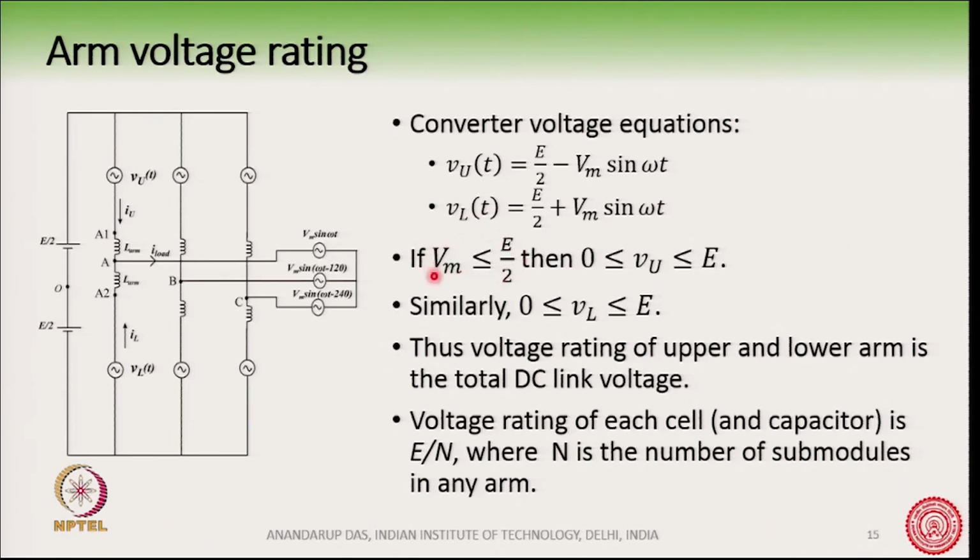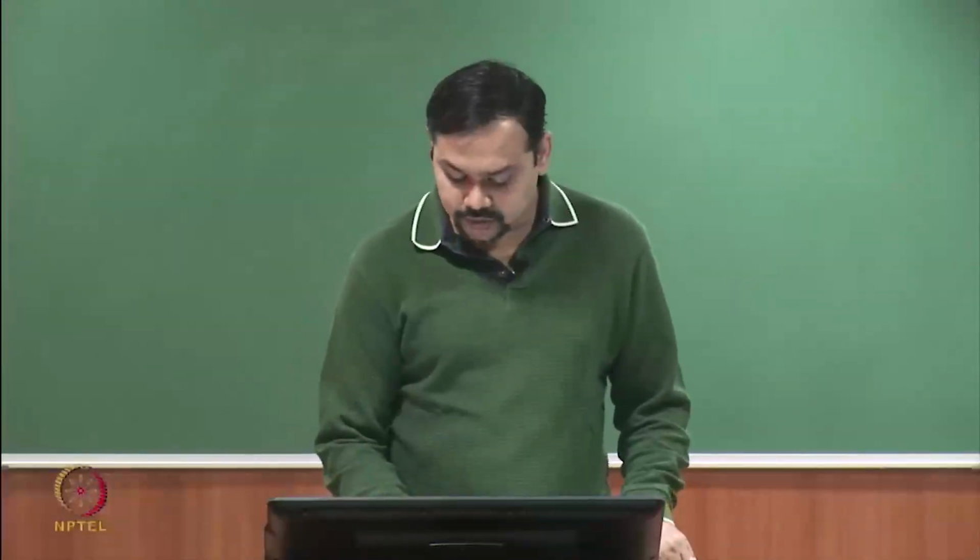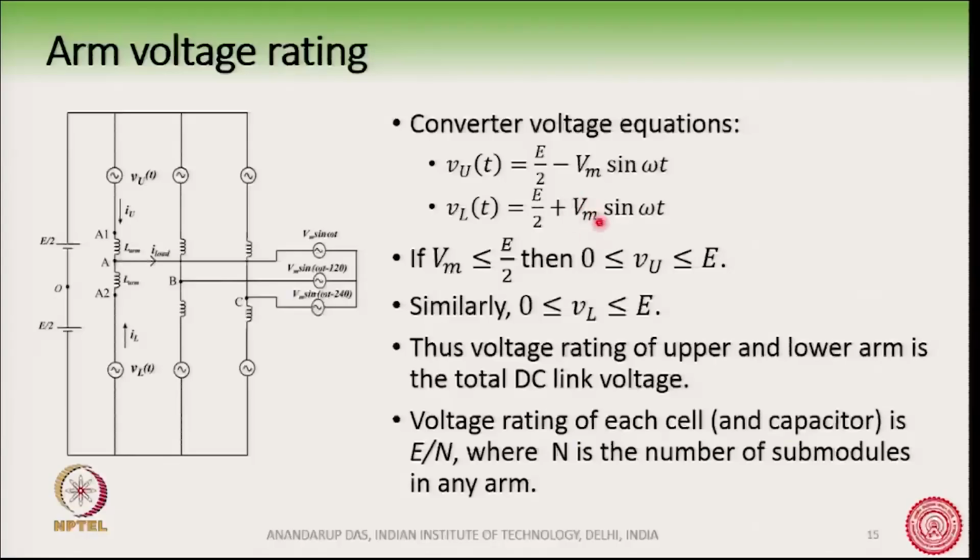If this is true and you substitute it here, you get E by 2 minus E by 2 sin omega t, and so we find that the V u voltage is between 0 and E. In a similar fashion, we can also see that the lower side voltage is also between 0 and E, by substituting V m as E by 2 here.